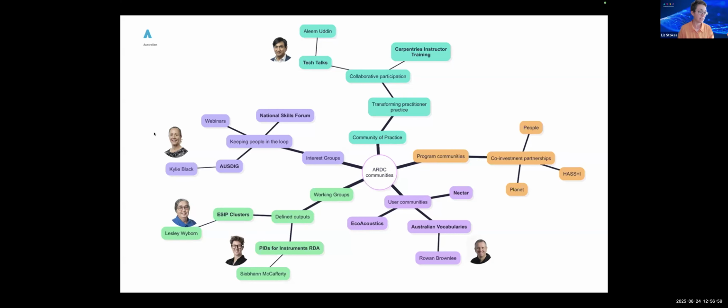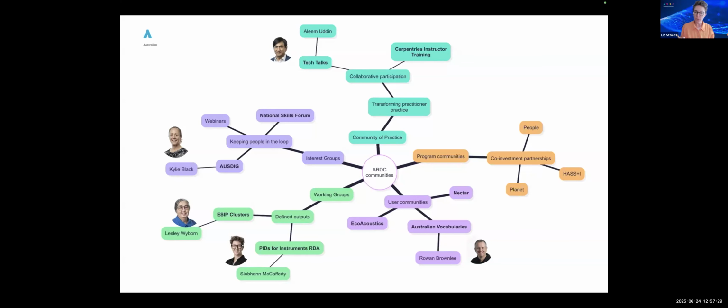Coming back to this slide, you can see we have some working groups that we participate in, such as the ESIP clusters or the PIDs for instruments that Leslie and Siobhan support. And also we have program and user communities, which are closely tied to our platforms, ensuring our services stay relevant and usable. And that includes Rowan there for the Australian vocabularies, or AVSIG.